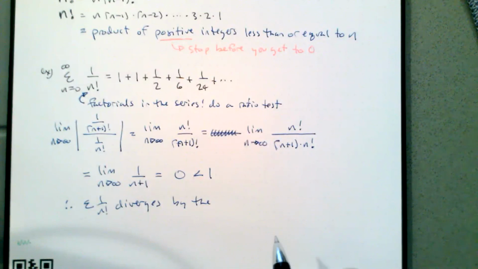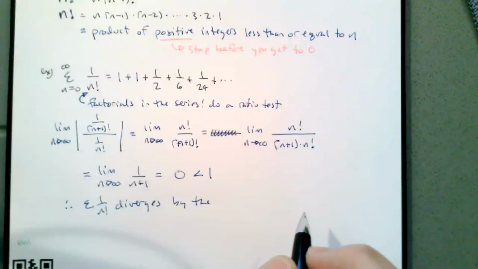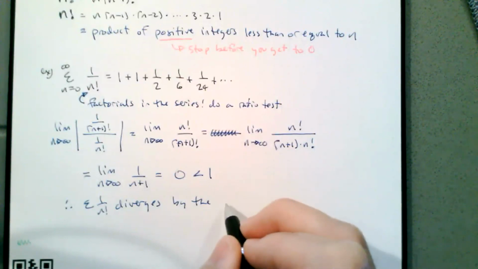So as n goes to infinity, 1 over n plus 1 goes to 0. 0 is less than 1, so the series 1 over n factorial converges by the ratio test.